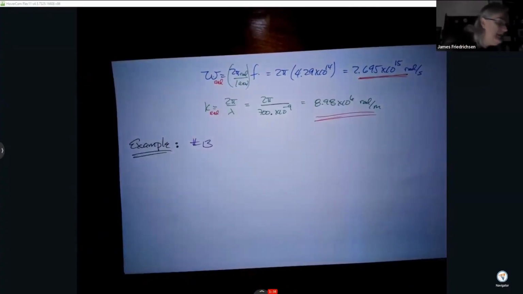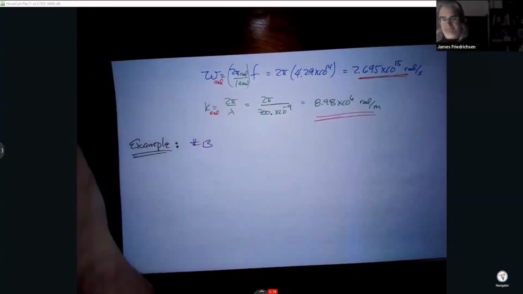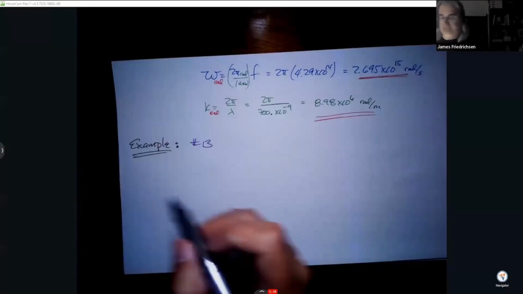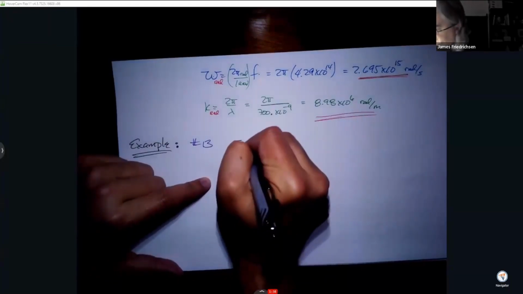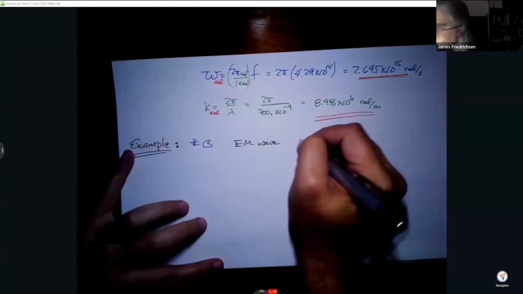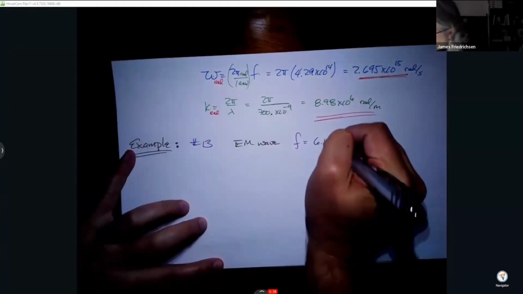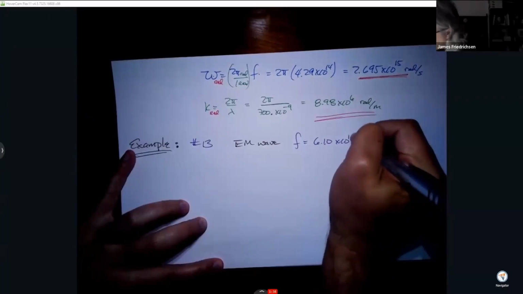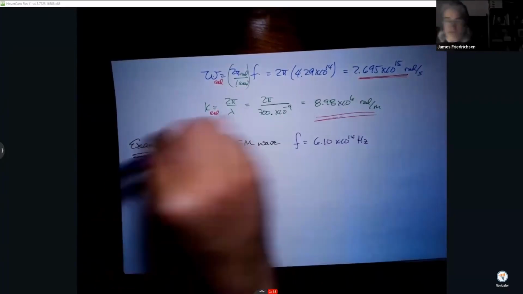So number 13 reads that we have a sinusoidal electromagnetic wave with a frequency of 6.10 times 10 to the 14 hertz. So an EM wave. And they said that our frequency was 6.10 times 10 to the 14 hertz.